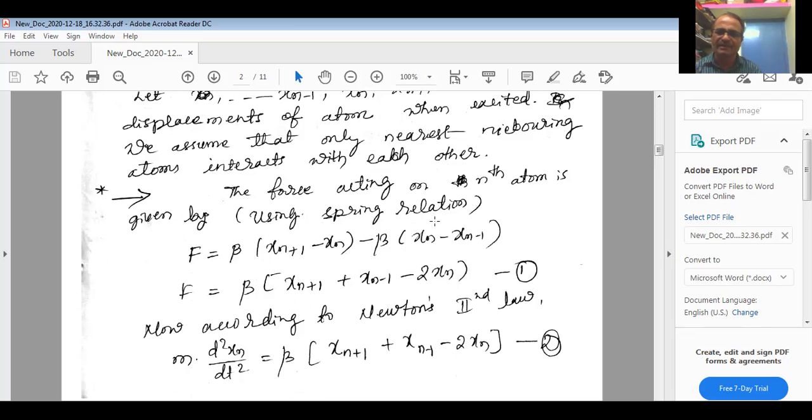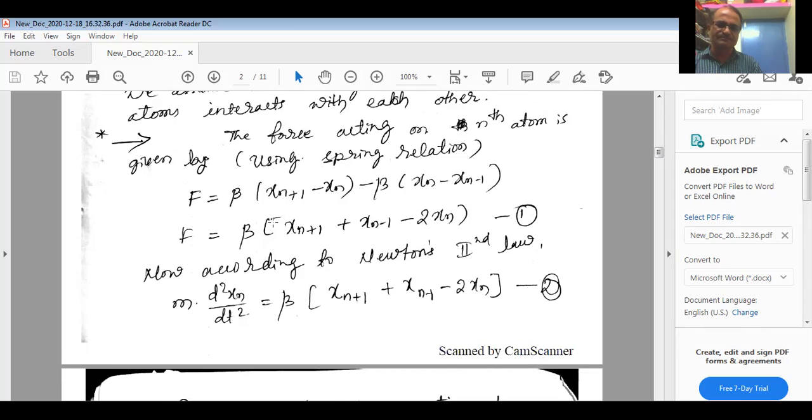F is equal to minus kx is called the spring relation, or it is also called Hooke's law. F is the force and x is the displacement. Within the elastic limit, the applied force is proportional to the displacement. So that is the meaning of Hooke's law, or the spring relation. We have used the spring relation here.